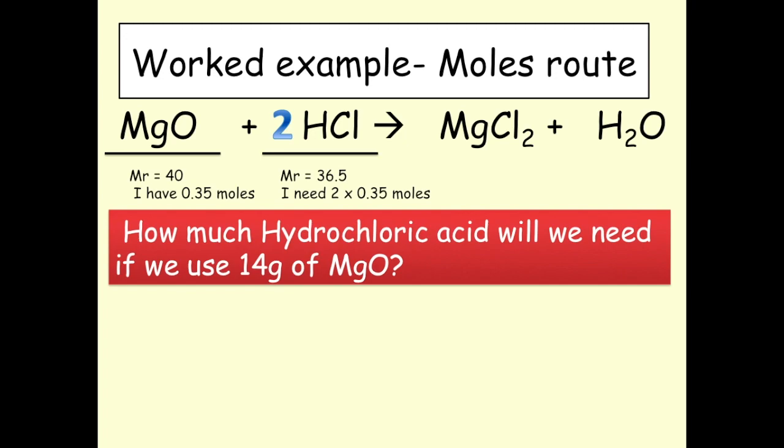Now, to completely react that, you are going to need 2 times 0.35 moles. And we know that's because of the big 2 in front of the equation there. And that's kind of obvious in this one.